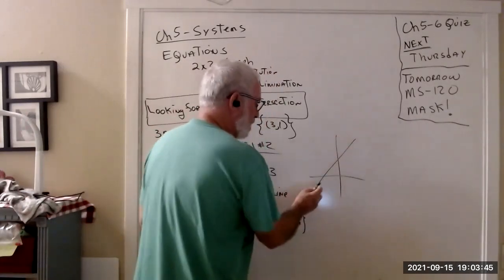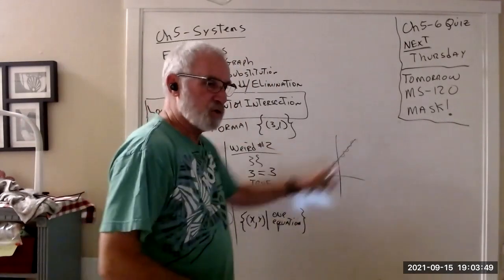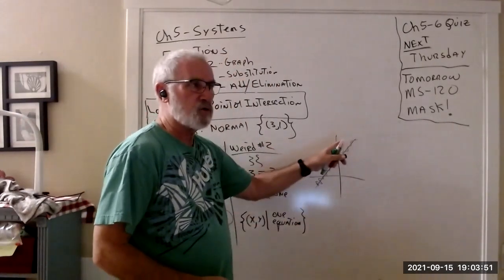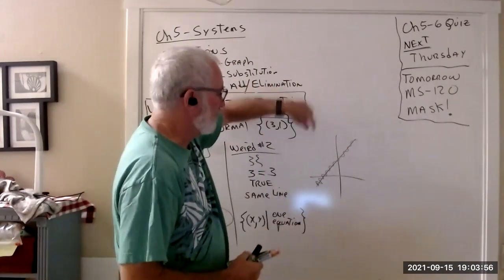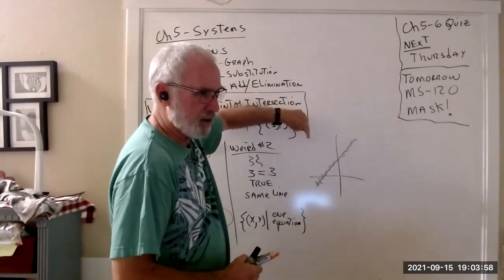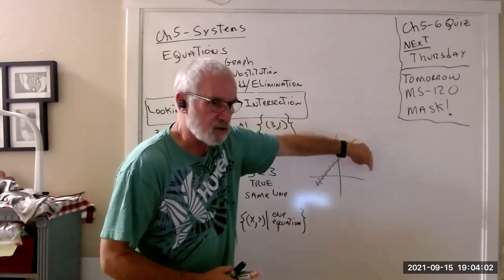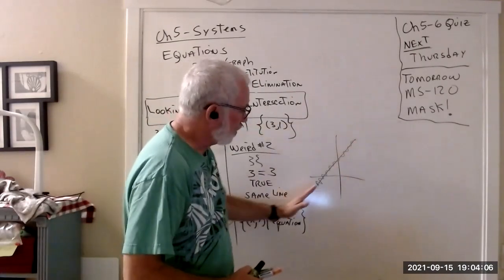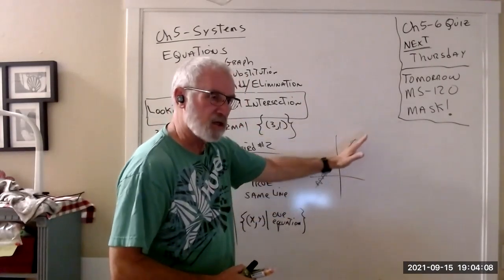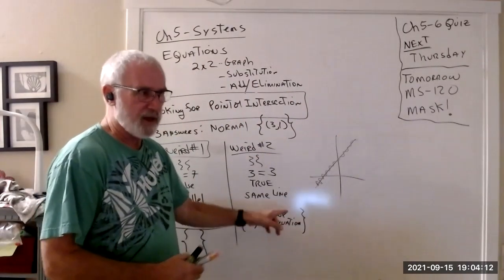Here's one line. Here's the other line. But you just can't say infinity, because what about up here? That's not on the lines. Or over here, that's not on the lines. So you can say any point that's on one of the lines is on the other line. That's what this is trying to say in math talk.